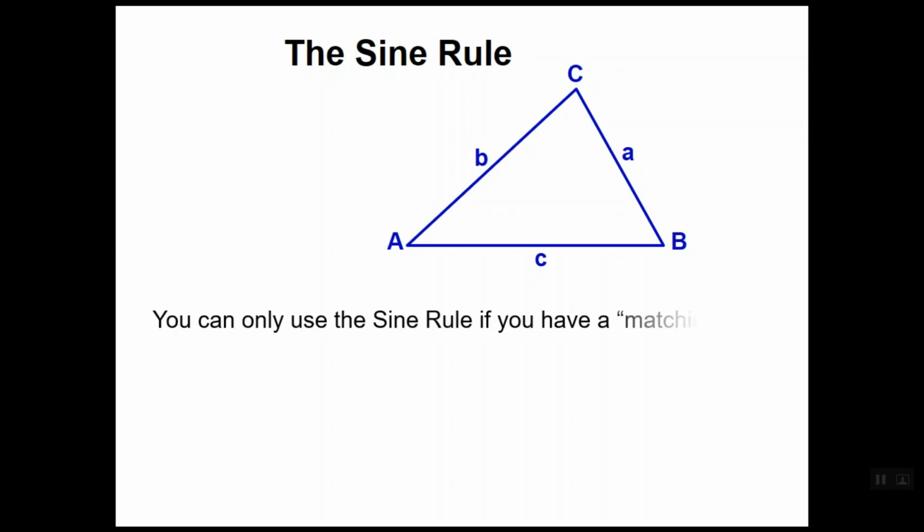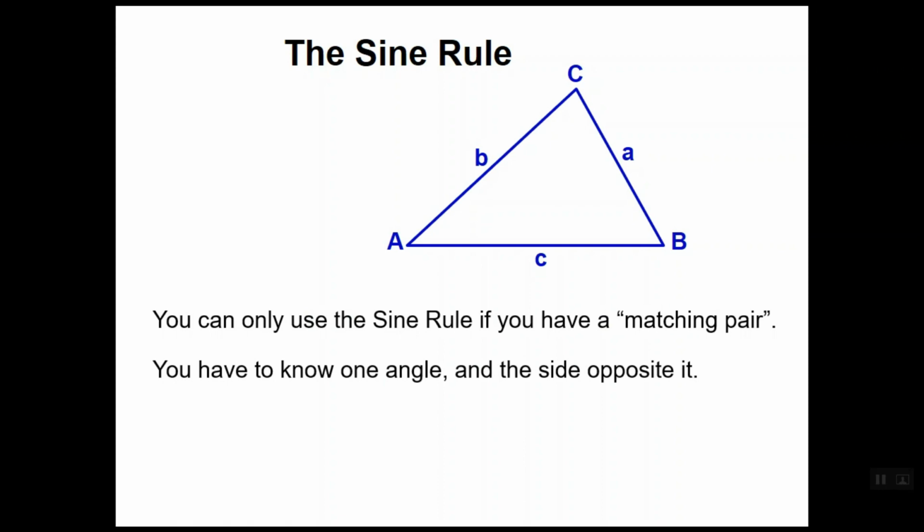Looking at the sine rule, you can only use the sine rule if you have a matching pair. You have to know one angle and the side opposite it. For example, if I know angle A, I must also know the side directly opposite to it, which we call little a.